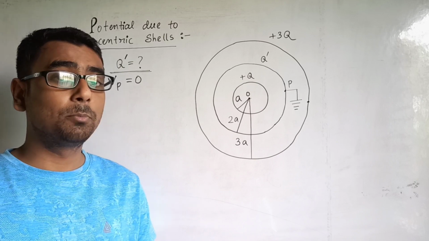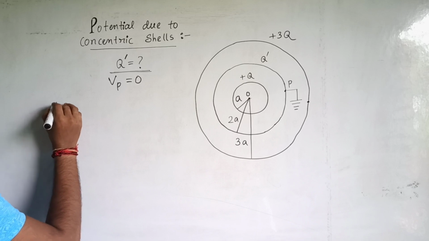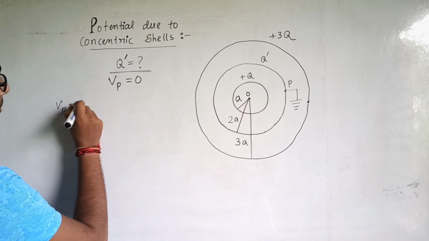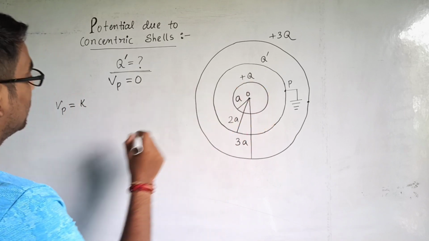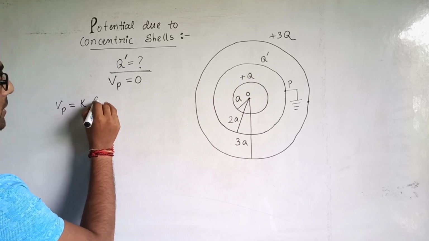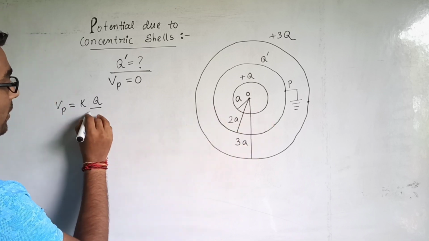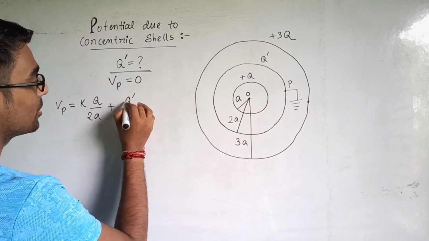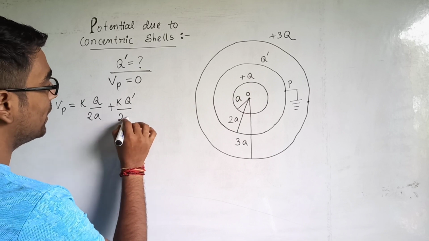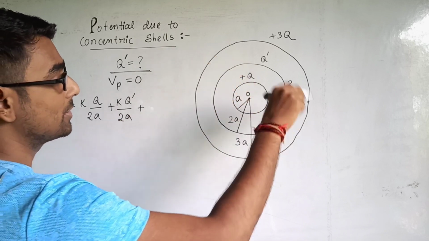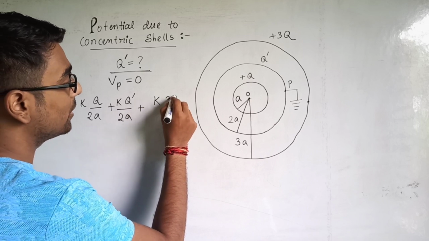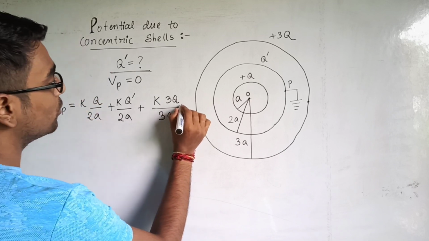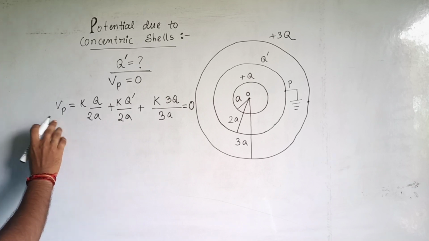So first of all, we will find the potential at point P. Vp is equal to, due to all three concentric shells, K times: due to the smaller shell of radii A, it will be plus Q by twice A. The distance is twice A. Plus, due to this circle, it will be K Q dash divided by twice A. For the bigger shell, it will be K 3Q divided by thrice A, and it will be equal to 0 as the potential at P is 0.